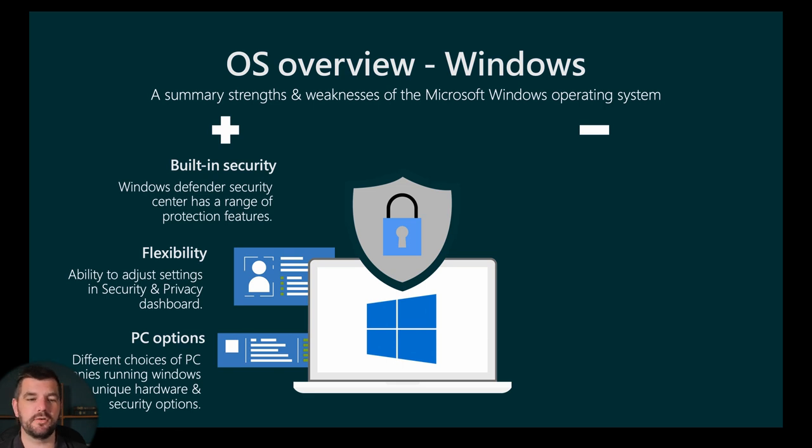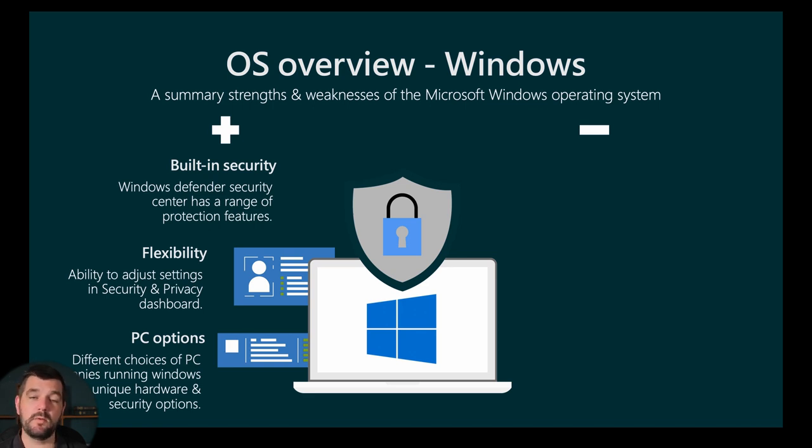We're going to have a look at that shortly. And this has a good range of medium level protection, and so this is a great feature that Windows has introduced recently. You have the flexibility to adjust different settings in the security and privacy dashboard. We're going to have a look at that.